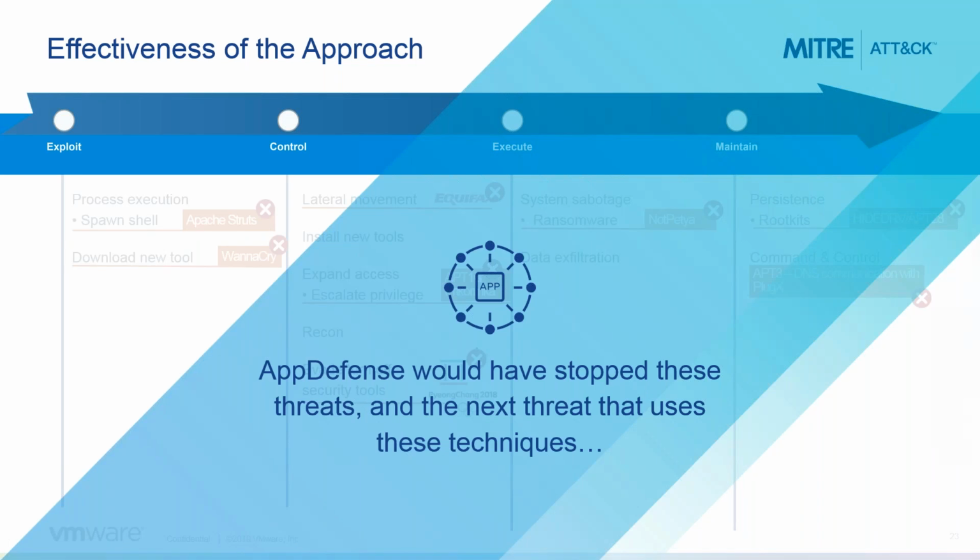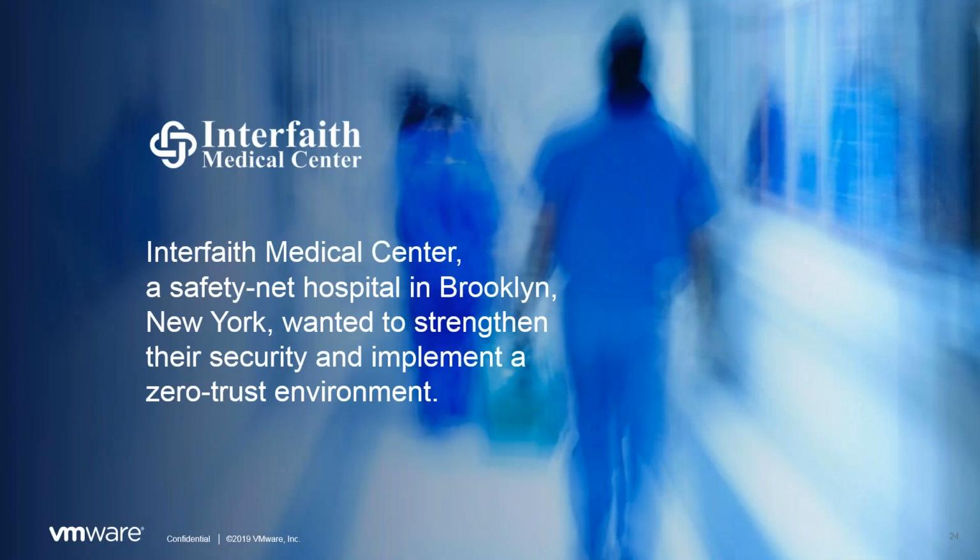So before we finish up here, I want to take you through a case study of a customer of ours who is using AppDefense to help strengthen their security posture. The Interfaith Medical Center is a safety net hospital in Brooklyn. They treat over 250,000 patients every year. For folks outside the United States or who may be unaware, a safety net hospital essentially provides care to low-income and uninsured patients.